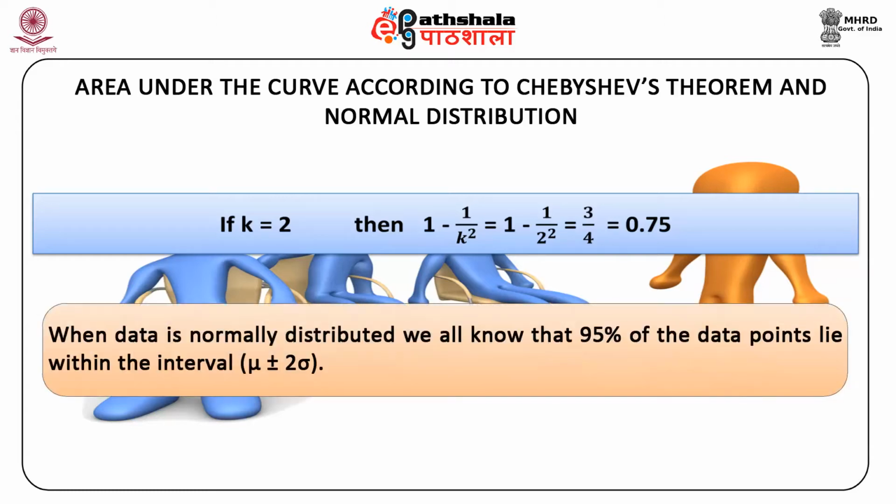When data is normally distributed, we all know that 95% of the data points lie within the interval mu plus minus 2 sigma. Further, according to Chebyshev theorem, at least 89% of data points lie within 3 standard deviations of the mean, whereas for normal distribution, 99.7% of data points lie around its mean value.